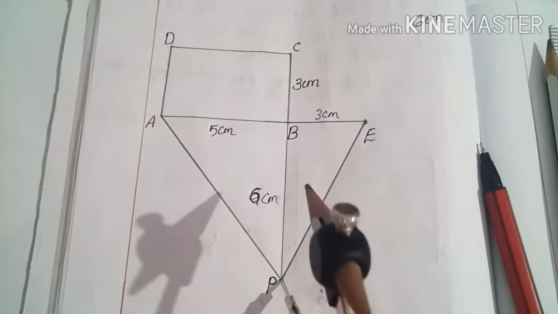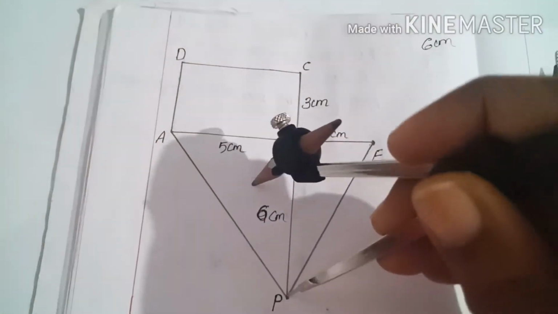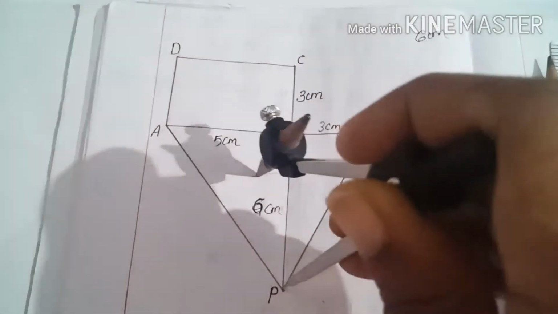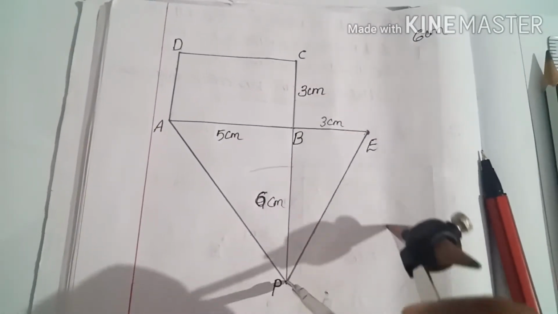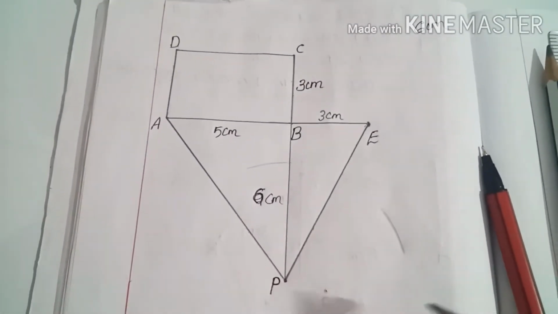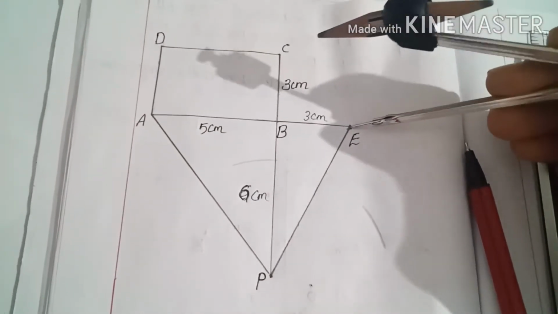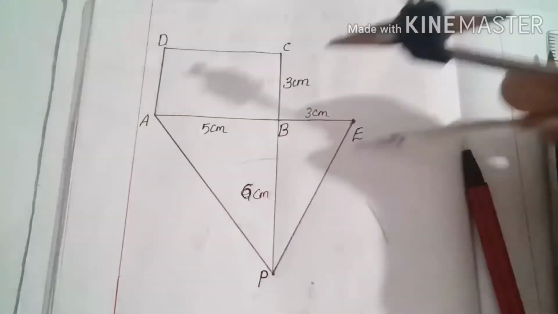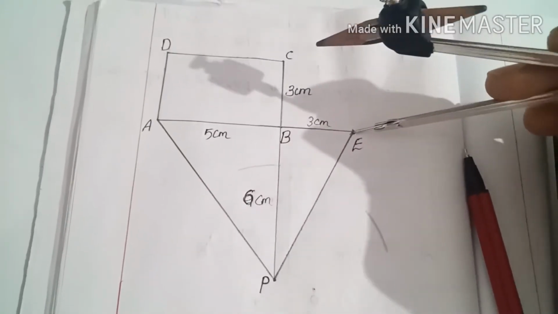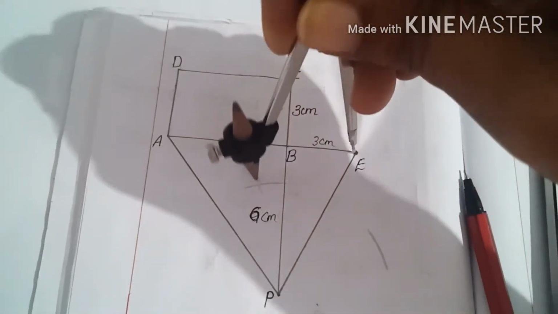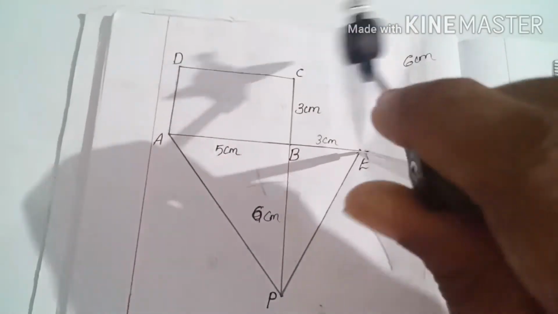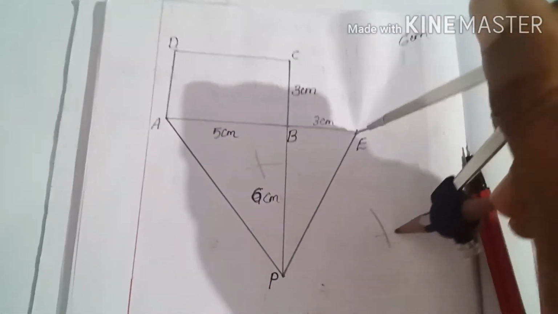Okay, so keep the pinpoint at the point P, draw one arc here, then with the same measurement one arc in the down portion. Okay, without changing the position, draw another two arcs from the point E, because we are considering the line PE. Keep the pinpoint at the point E, one arc here, then another arc here.